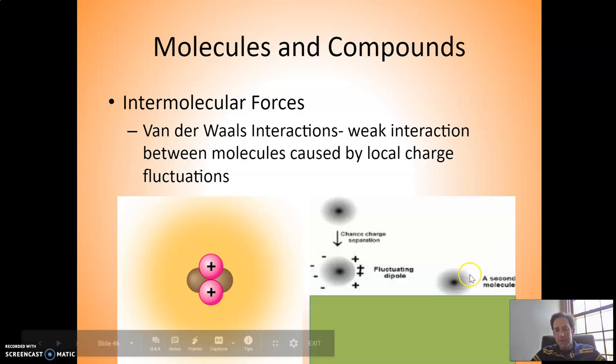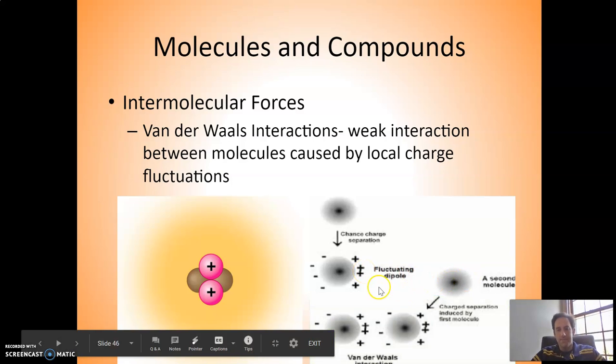Well, you can imagine if I bring a second molecule up to that one, since this is a slight positive charge, that's going to attract the electrons on this second molecule. So these electrons get pulled in, and that creates this little tiny weak attraction called a van der Waals interaction.